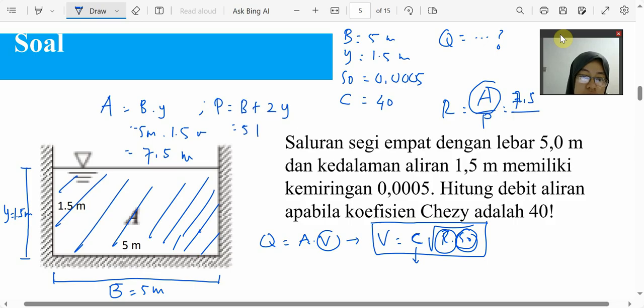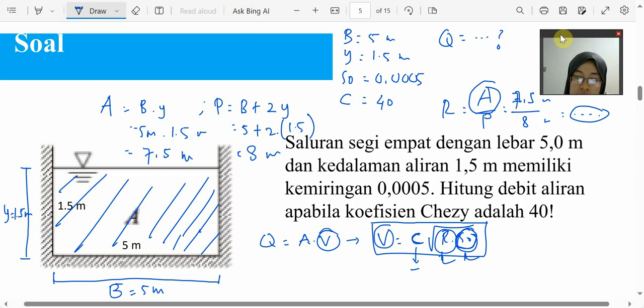Okay, B is 5, 2 times 1.5. Yeah, so this is equal to 8 meters. Okay, so we ended up finding R. We already know the S0, we already know the C, so we can calculate the velocity.